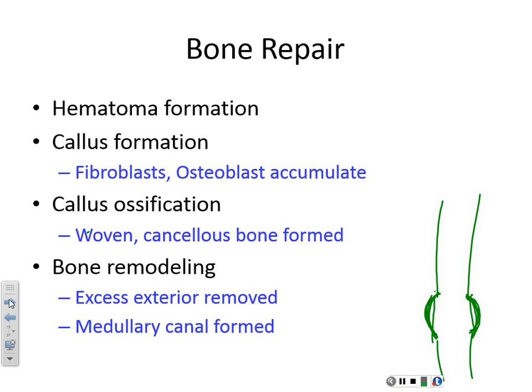So if I ask you to tell me about the 4 steps in the bone repair, you talk about that. So the hematoma formation, the callus formation, then after that you ossify, because you get out the organic material, ossification. Then after that you remodel, and you're done, right? And when you remodel, you know what you're doing, right?